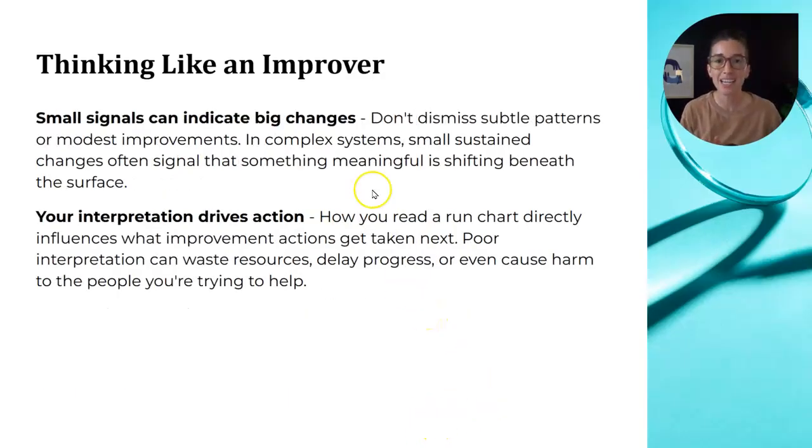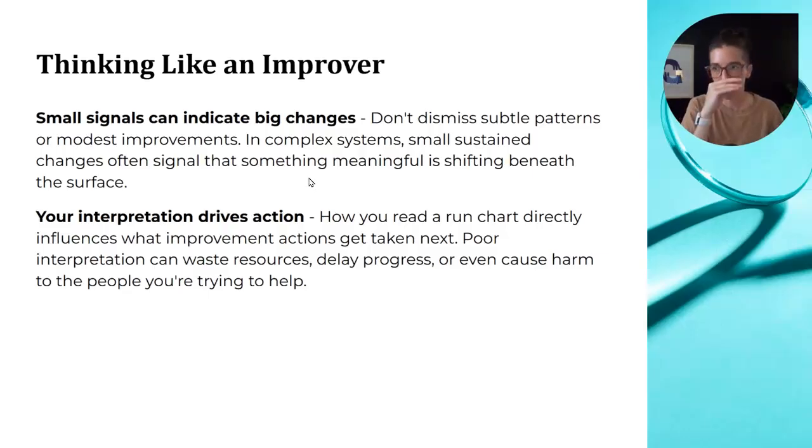Small signals can indicate big changes. Again, this comes to, is this practically significant to us? Don't dismiss subtle patterns or modest improvements. In complex systems, small, sustained changes often signal that something meaningful is shifting beneath the surface. You can even think of this in a training mindset.